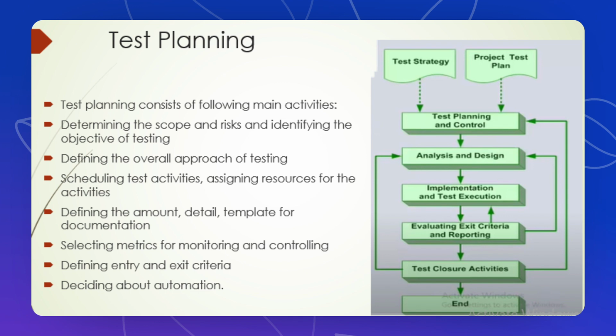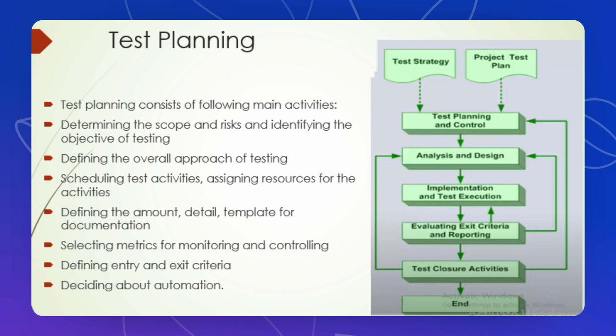Now let's discuss test planning. In test planning, we do the following main activities: determining the scope and risk, and identifying the objectives of testing. In test planning, we prepare the test plan. We prepared an API test plan, and manual test planning was done.